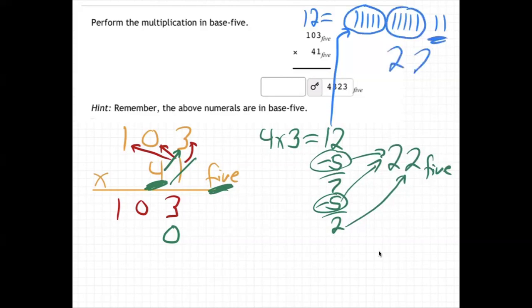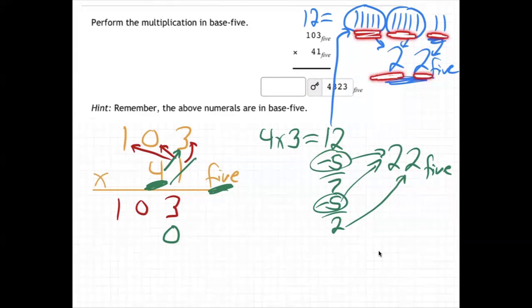So it's 2 groups of 5 and 2 more left over. It's 2, 2, base 5. Does that make sense? So either way you want to convert, I just showed how 4 times 3, which is 12, is actually 2, 2 in base 5 because it's 2 groups of 5 with 2 left over.